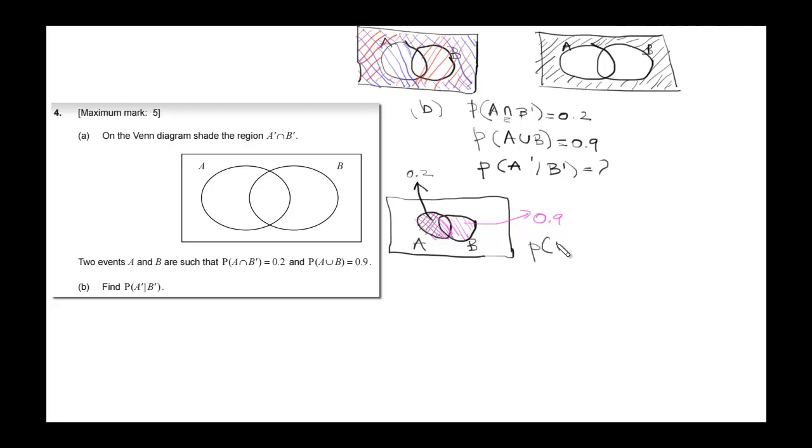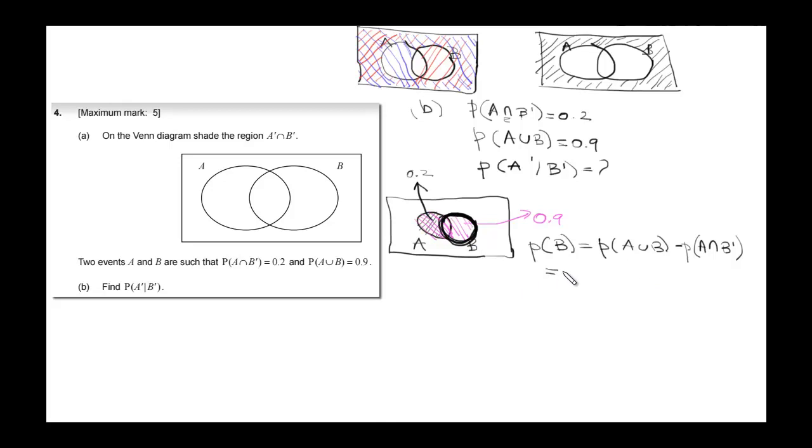So probability of B is going to be equal to probability of A union B, the two circles, take away probability of A intersection B dash. If I take away, I am left strictly with the magenta area.